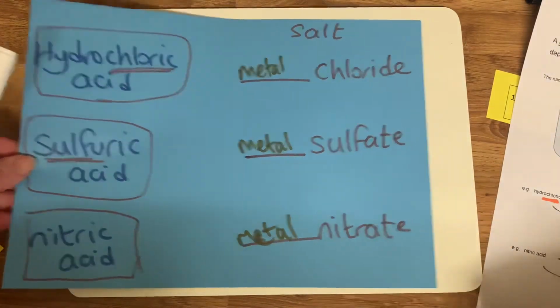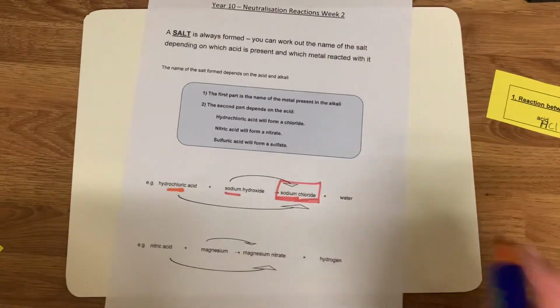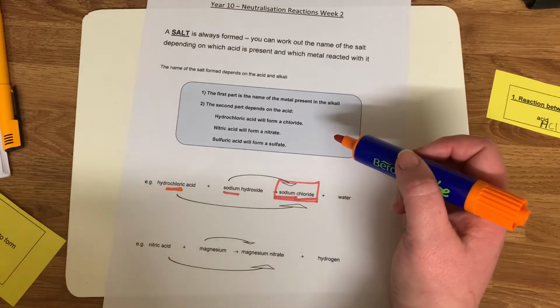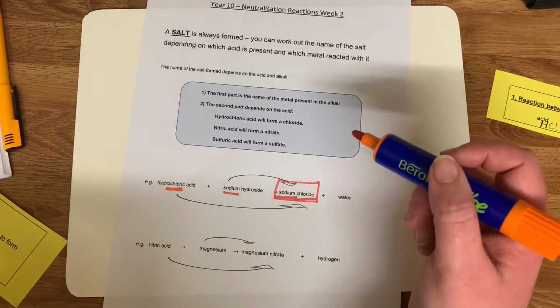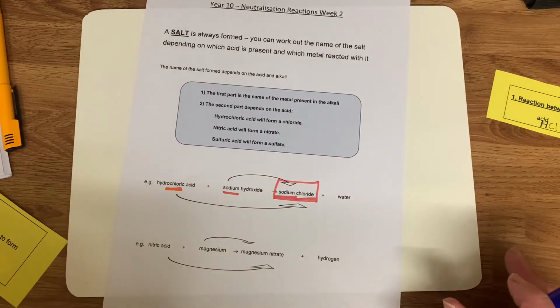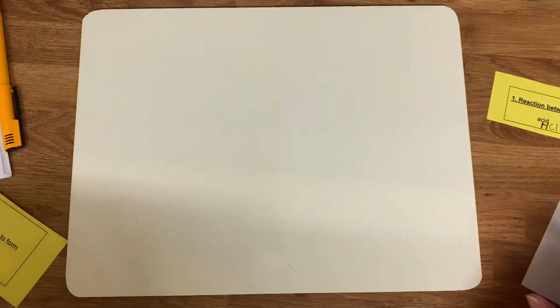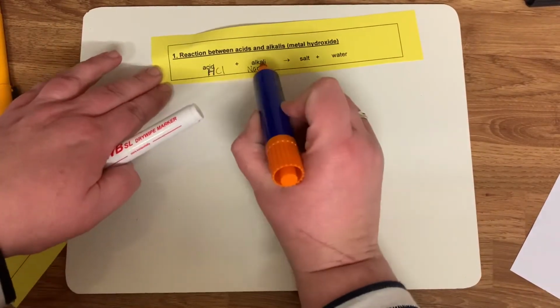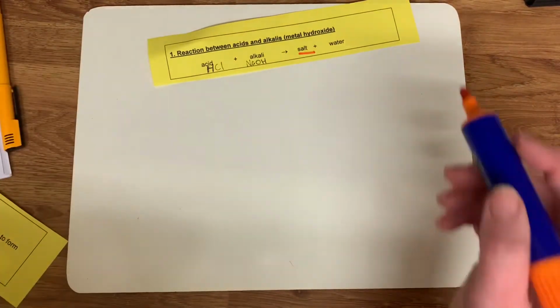Okay, so this is summarized in this bit, and this is in your booklet as well on page 14. It tells you how to figure out the name of the salt. So if we look at our examples, if we have an acid plus an alkali, we get a salt plus water produced.